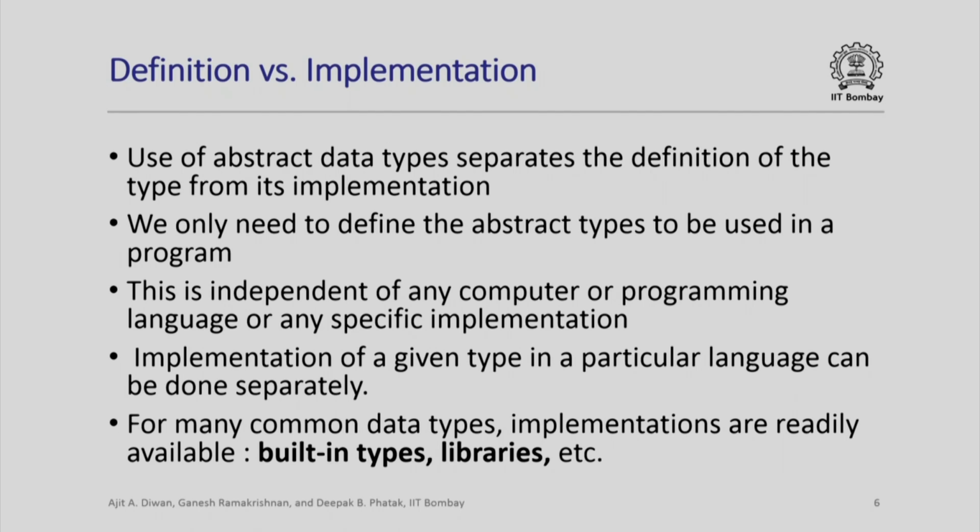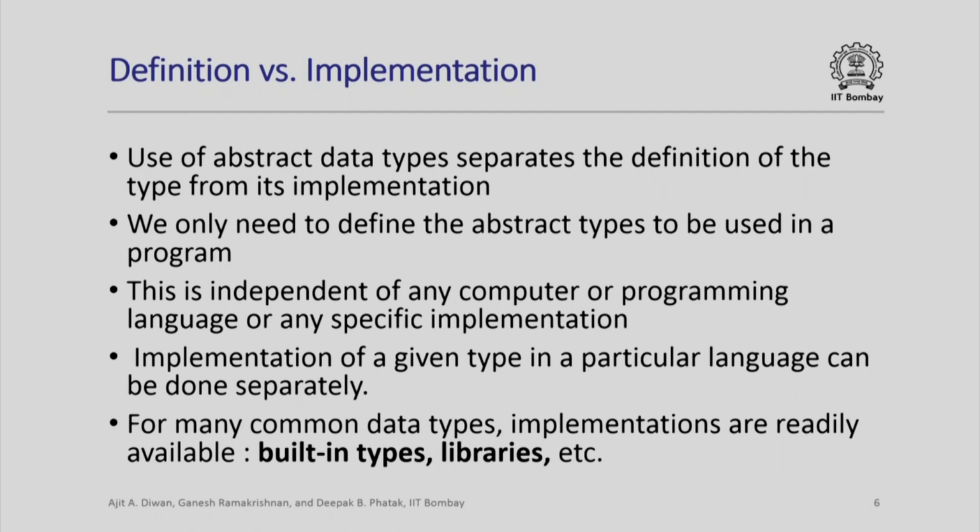This is exactly how you use built-in types like integers. You do not really care about how the integers are represented inside. All you know is that you can define variables of type int which specifies that its values are integers, and you can use these arithmetic operations on those like addition and so on, comparison, some set of operations that are defined. So, this allows us to use the same implementation of an abstract data type in many different programs.